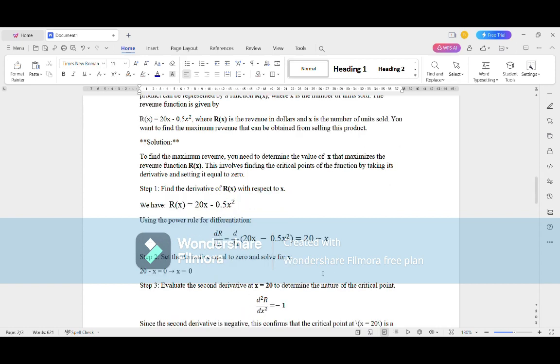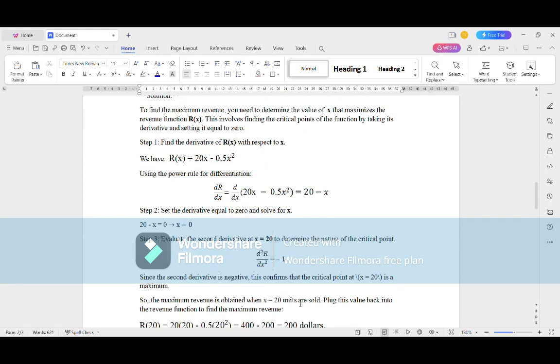Next, evaluate the second derivative at x = 20 to determine the nature of the critical point. We have d^2R/dx^2 equal to -1.